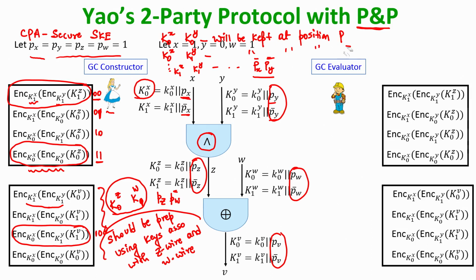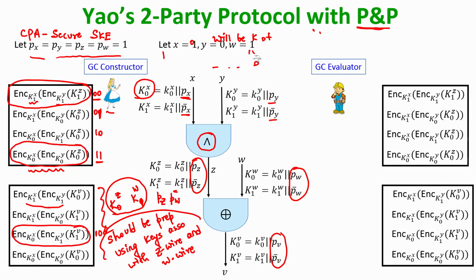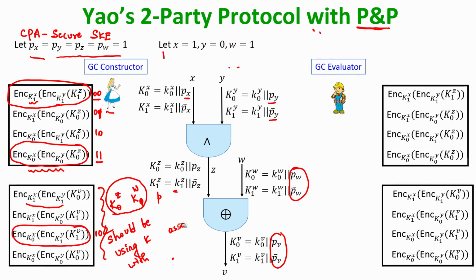So, now let us see a concrete execution here and how exactly Bob will determine which entry he has to decode for evaluating the gates here. I am taking the case where the inputs are x being 1, y being 0 and w being 1.